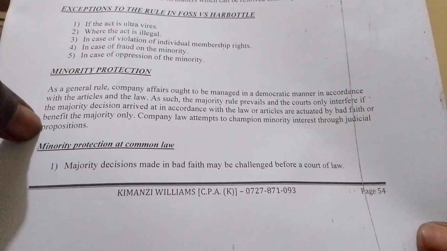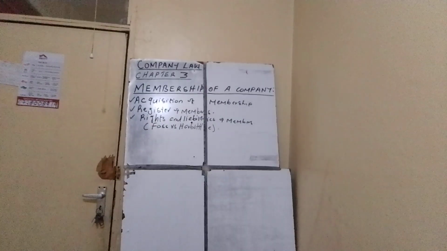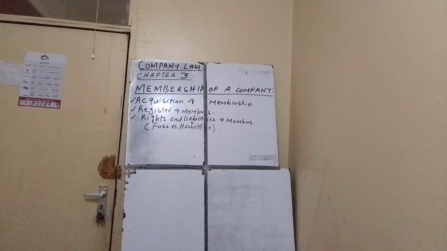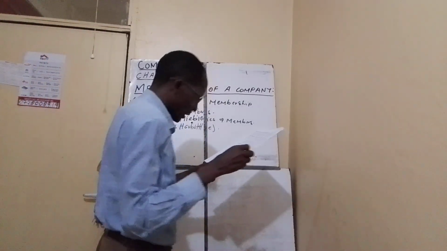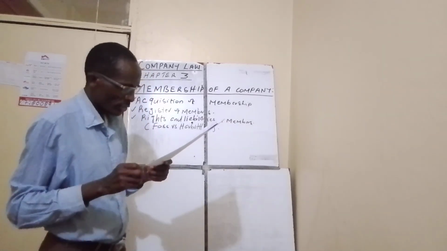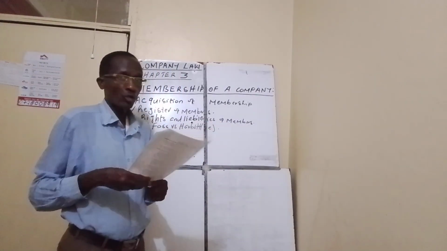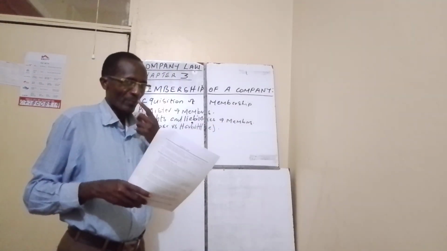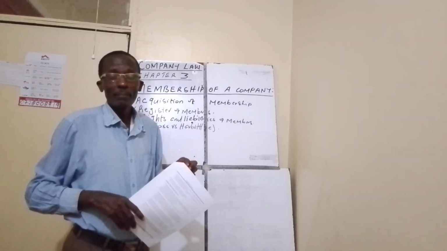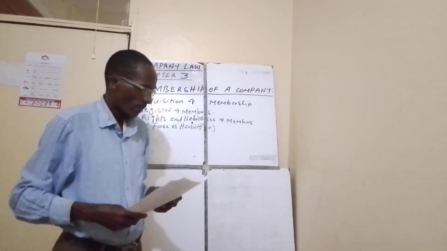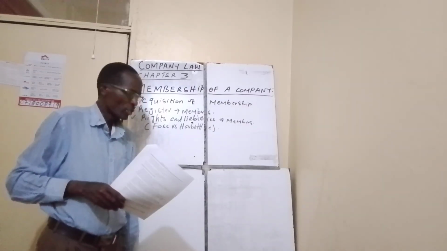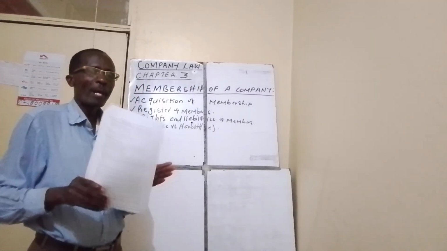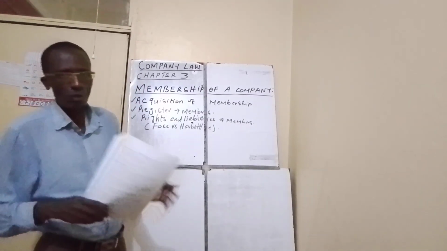Then minority protection at common law. How do we protect the minority at common law? One, majority decisions made in bad faith may be challenged before a court of law. So if a decision has been made by the majority shareholders, but the same is in bad faith, then this can be challenged by the minority in the court of law.